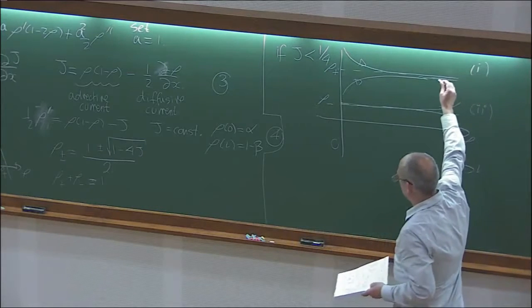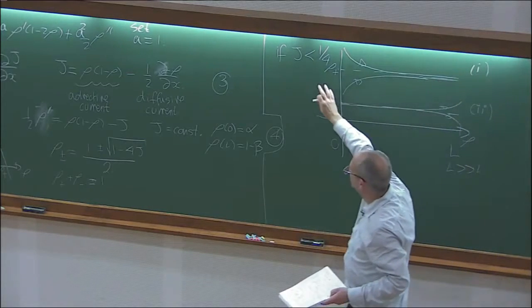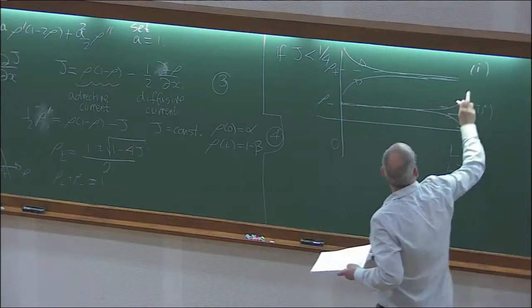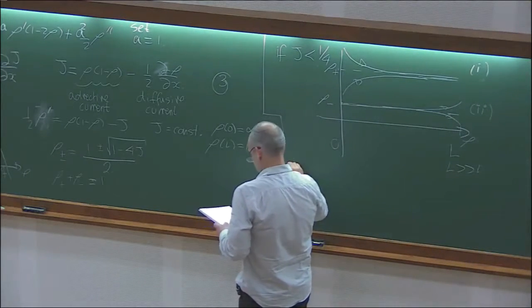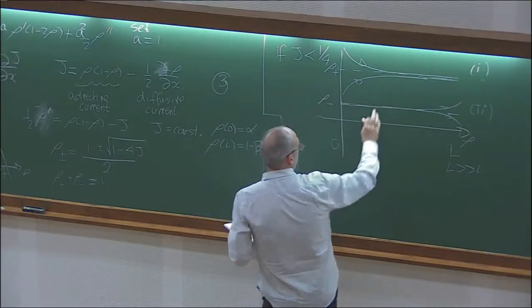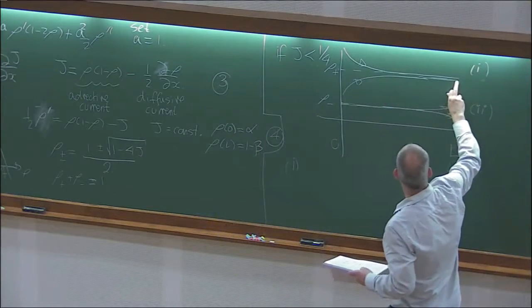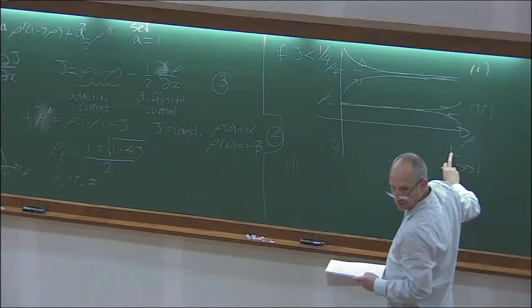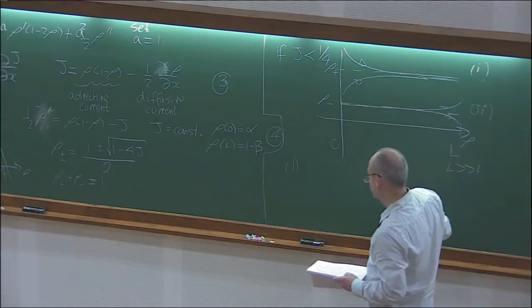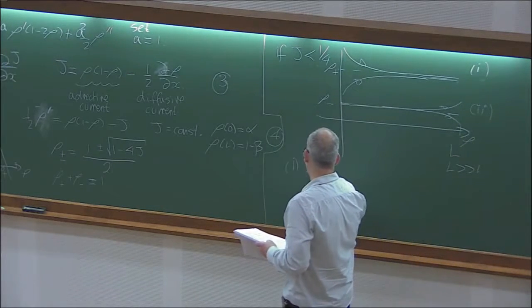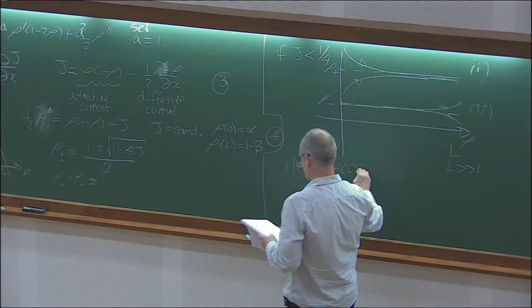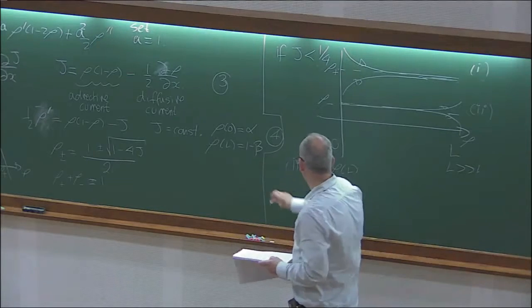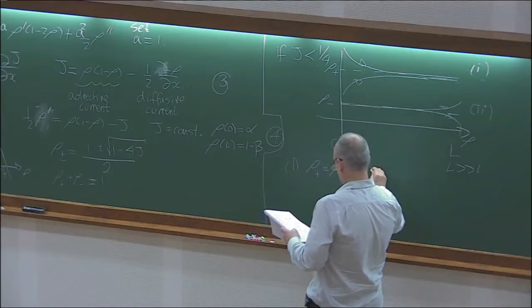So remember, here j is less than a quarter. For this solution 1, if I look at this, rho plus is the density at this end. So rho plus has got to be equal to rho L. But I know my boundary condition is that rho L equals 1 minus beta.